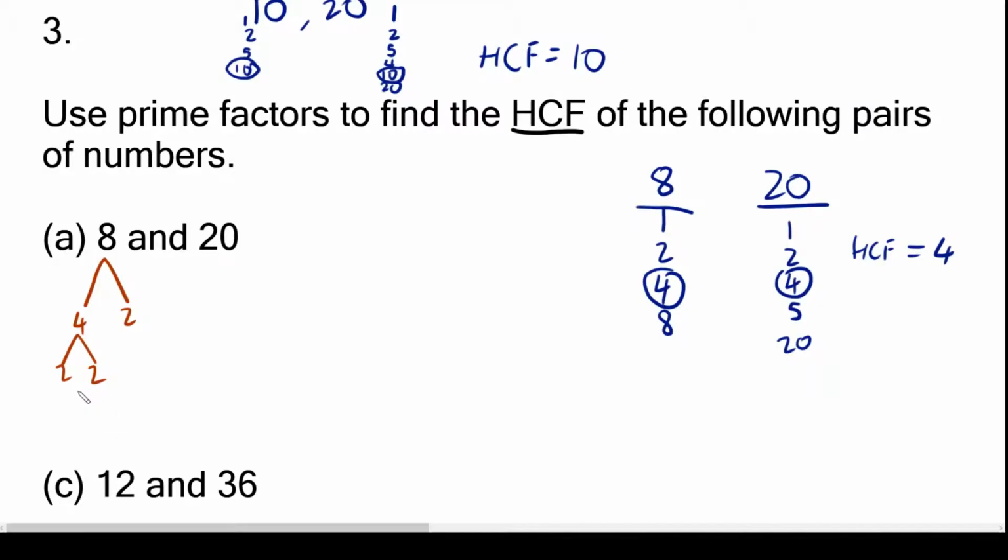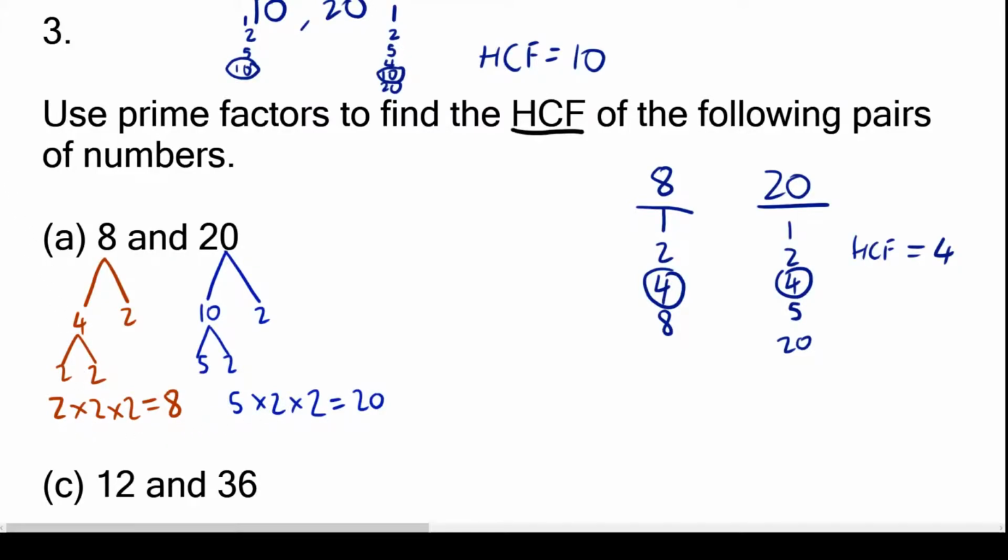Our factor tree showed us this: 2 times 2 times 2 gives 8. And for 20, we've got 10 times 2 and 5 times 2. So it's going to be 5 times 2 times 2 gives 20. So these are prime factors.